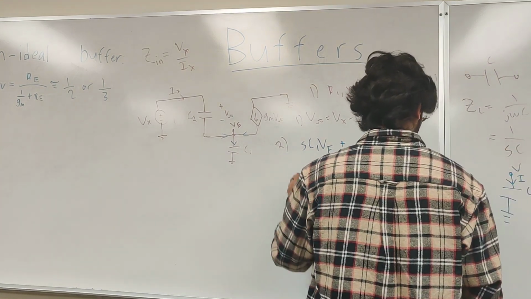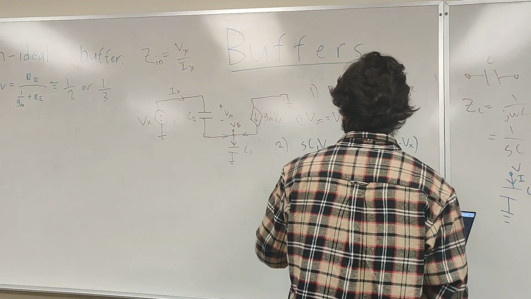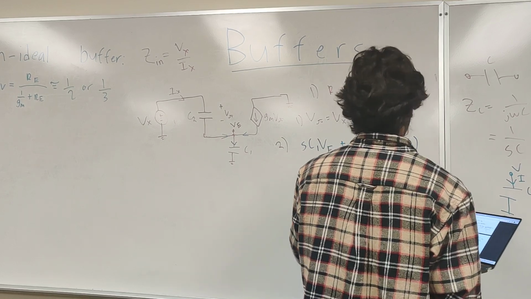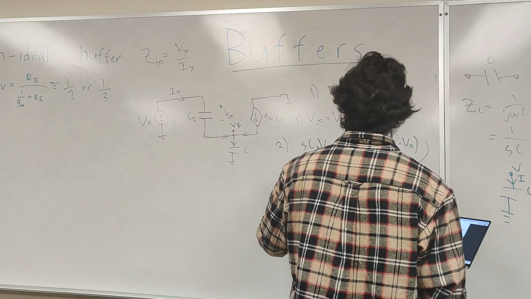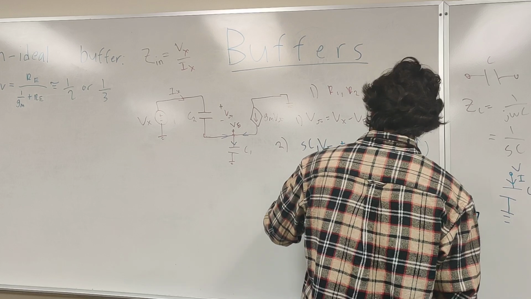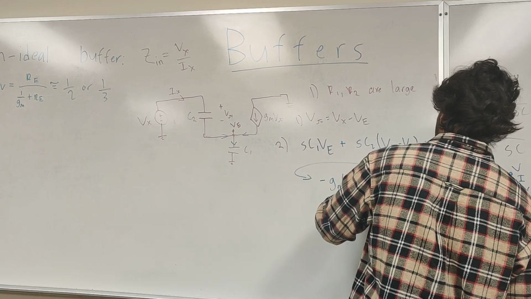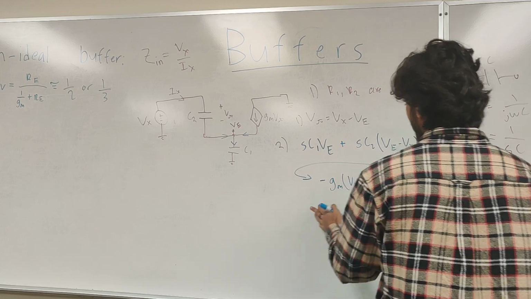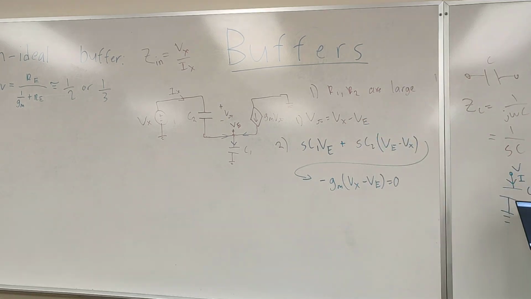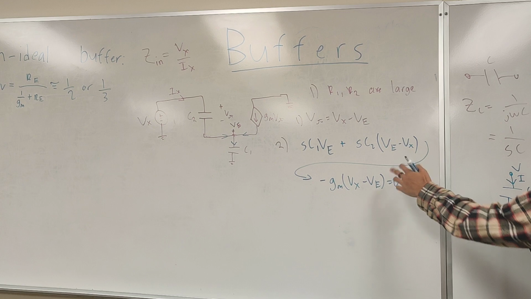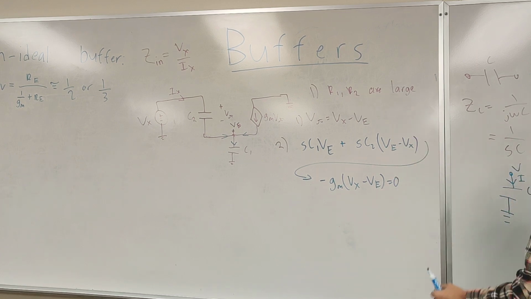Now, one more term, the specified drain current: minus GM times Vx minus Vt. Okay, so that's our KVL and our KCL.